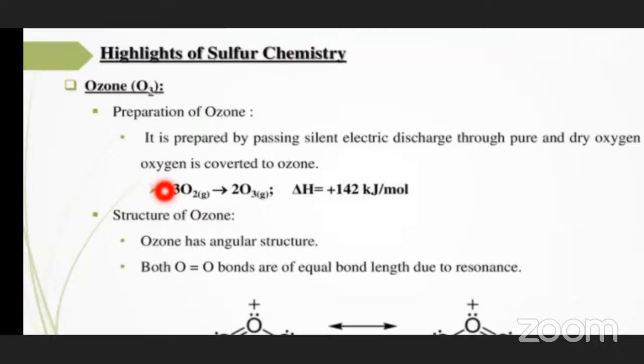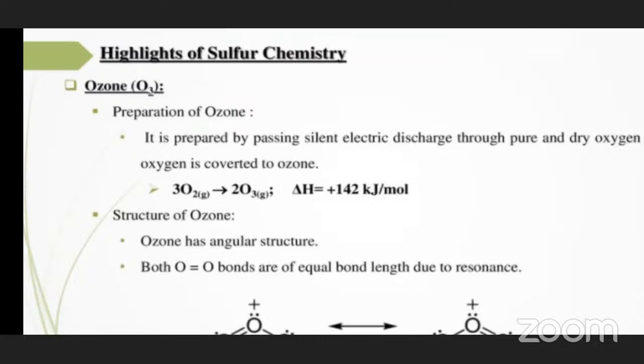How to prepare ozone? Oxygen itself is involved in a reaction to form O3, that is ozone. Here delta H is equal to plus 14 kilojoule per mole. That means it is an endothermic reaction. It will absorb heat. By absorbing heat, oxygen is converted into the O3 molecule, that is ozone.